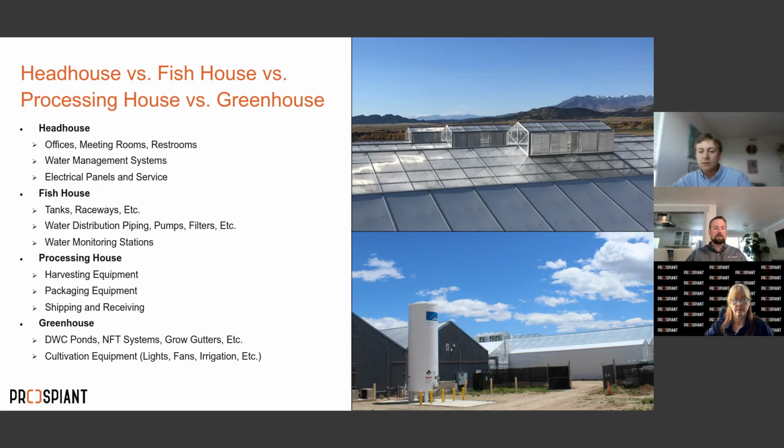So the two main types of tanks that you see in aquaculture production are circular tanks, where the water creates a circular pattern all the time, and the fish kind of stay stationary in that circular flow, or they might swim against that pattern.